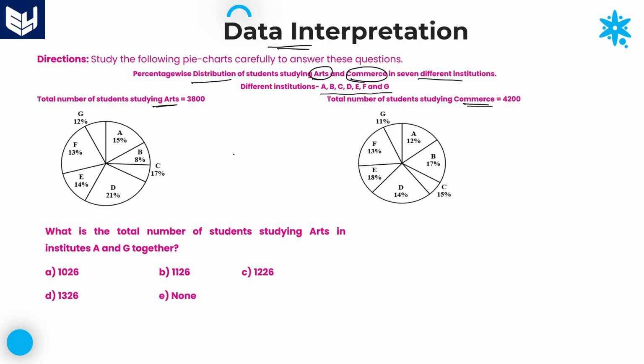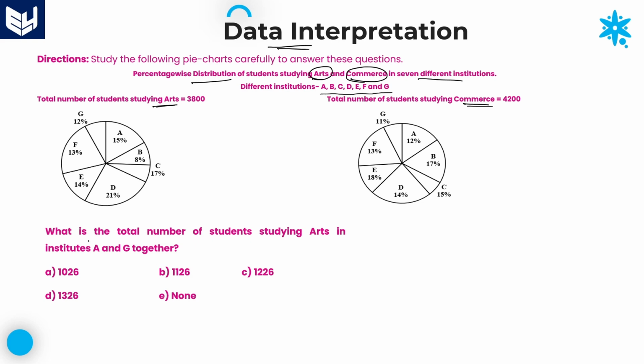This is the complete information. First of all, you need to understand this complete information, then only it is possible to solve the problems in each and every data interpretation, whether it is tabular data interpretation, pie chart, bar graph, line graph, or else mixed one, whatever the data interpretation. Definitely you must understand the information first, then you have to follow the questions.